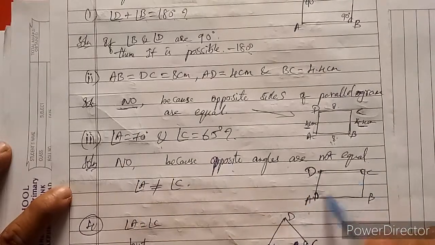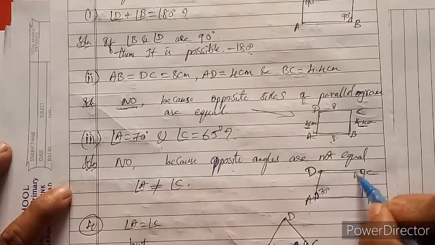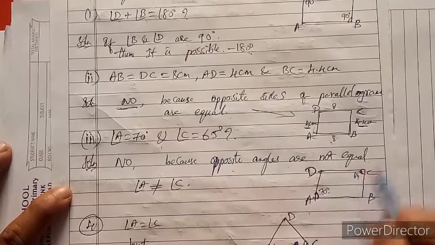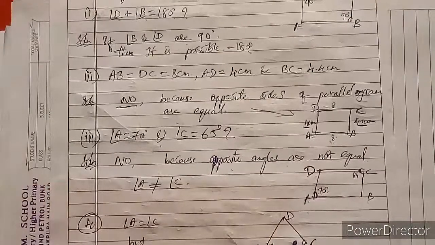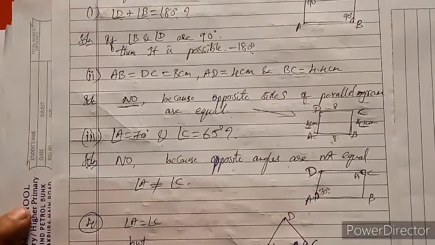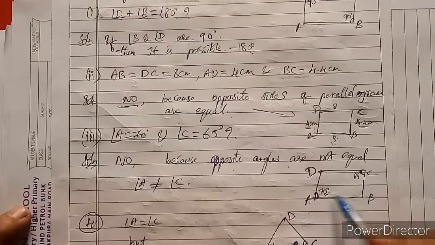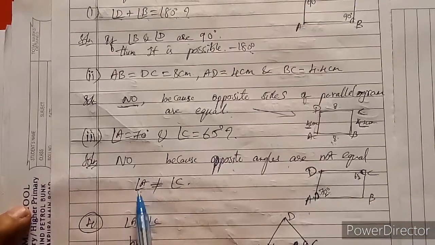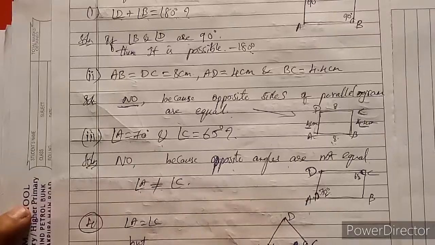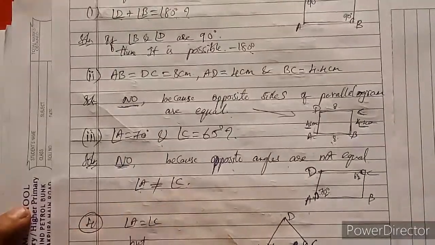Angle A is 70 degrees, but this angle is 65 degrees, both opposite angles are not equal. We need to make a parallelogram, which requires opposite angles to be equal, but here they are not equal, so angle A is not equal to angle C. That's it. This answer is no.